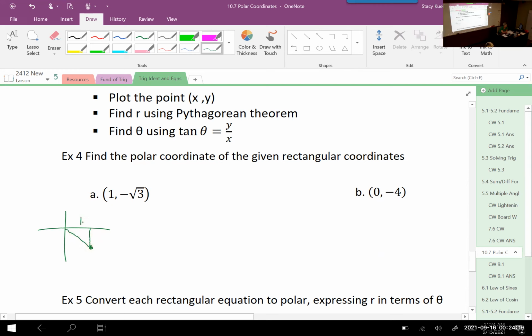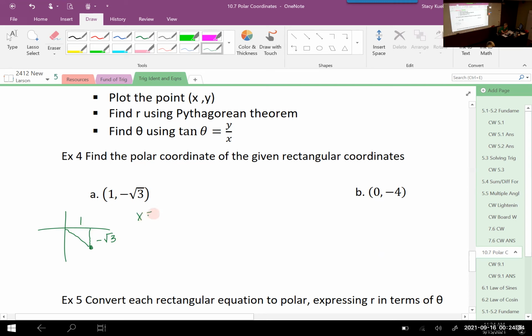I know I've traveled 1 in the horizontal direction. I know I've traveled negative square root of 3 in the vertical direction. And so remember, we're trying to turn this into r's and thetas. So the first thing I need to know is what r is.